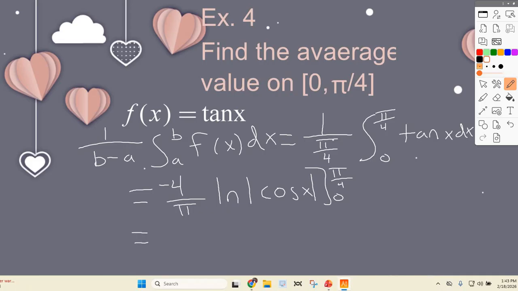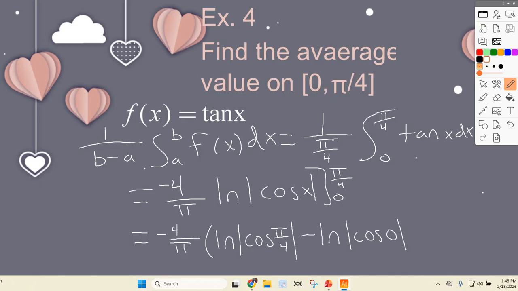So then which bound do I plug in first? Okay, something that looks like that.